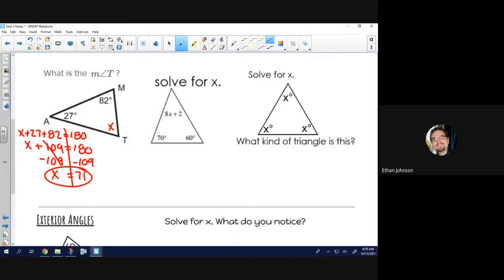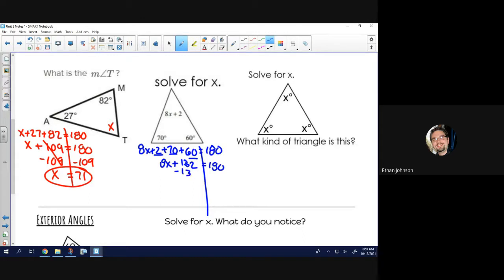Looking at the next one, 3 interior angles again, we're solving for X. So we can write 8X plus 2, plus another angle, so plus 70, plus the third angle, so 60, equals 180. Combine like terms, so the 2, 70, and 60, we get 8x plus 132 equals 180.